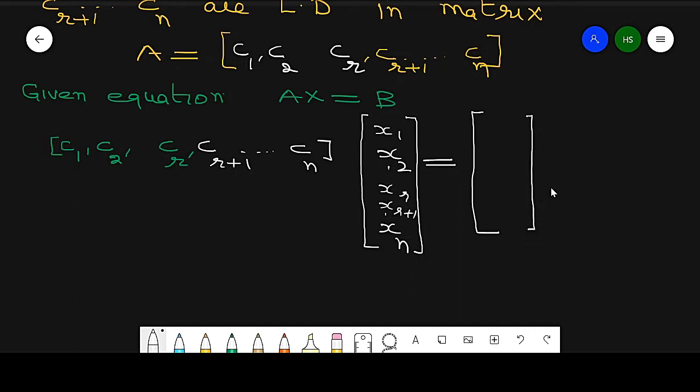So this is the B matrix, which can be written in simple form as B.